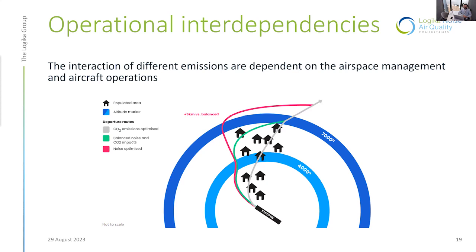So if you want to optimize CO2 emissions, we would try to have the shortest distance possible from our airport to the destination that we want to get to.